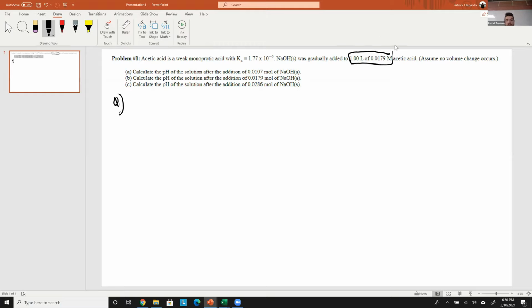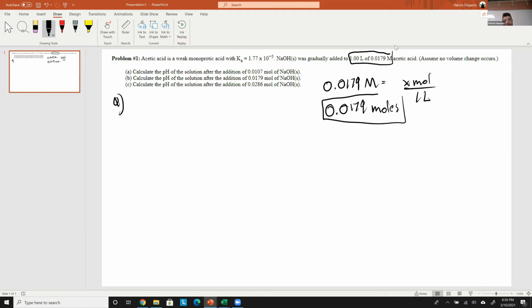We first need to find out the moles. So we have 0.0179 molarity equals X moles over 1. And you can just solve that very easily. And we have 0.0179 moles. So this is the amount of moles that needs to be neutralized in this titration.